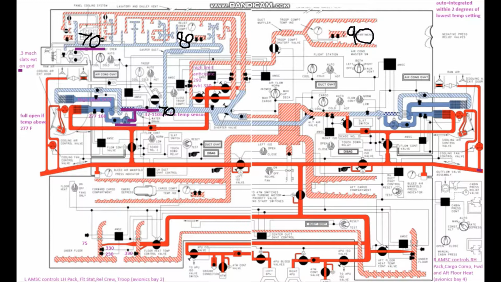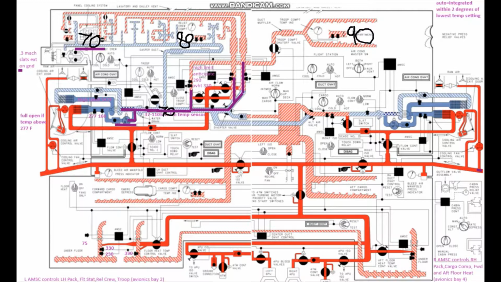And what that does is as the air comes out and makes its way through and gets to the temp control valve areas, the temp control valves don't have to open as much to apply that bleed air into the ducting in order to warm the air up at that point.